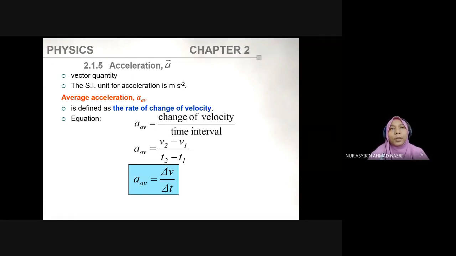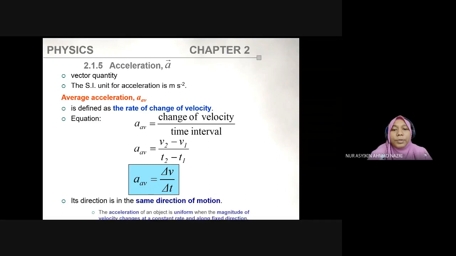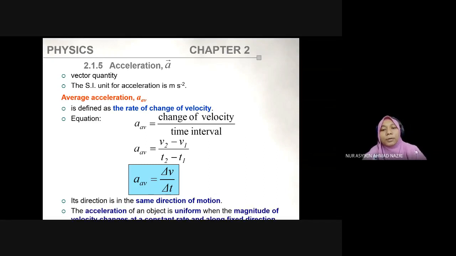Acceleration, pecutan. Sebab velocity boleh jadi constant saja. But sama juga, acceleration pun boleh jadi constant ataupun boleh jadi accelerate yang memang accelerate. Macam tu. Okay. So the direction akan sama dengan motion, which is the velocity itulah. Okay.